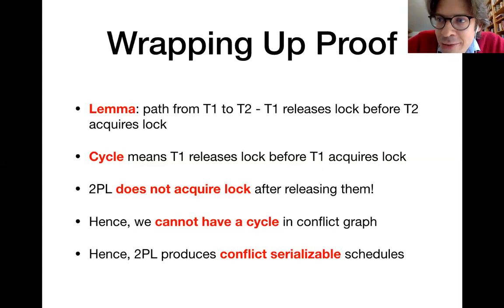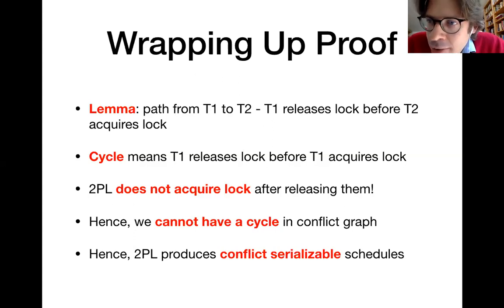And now again, we use the properties of two-phase locking, because that is not possible. A transaction cannot acquire a lock after it has released the first lock on any object. And because of that, I can conclude that I cannot have any cycles in a conflict graph as long as I use two-phase locking in order to generate them.